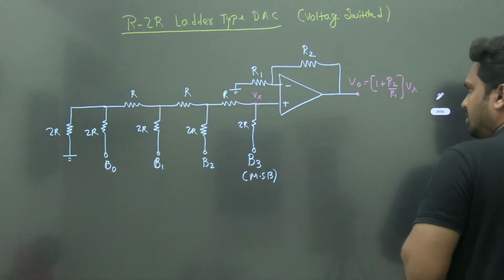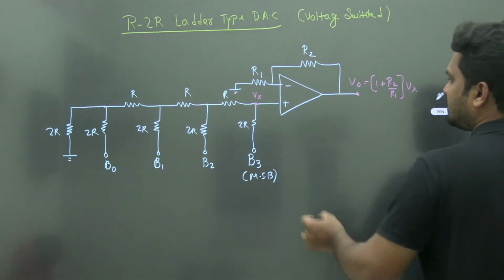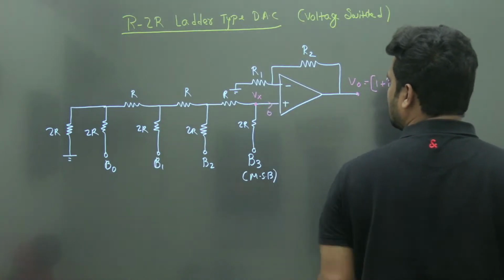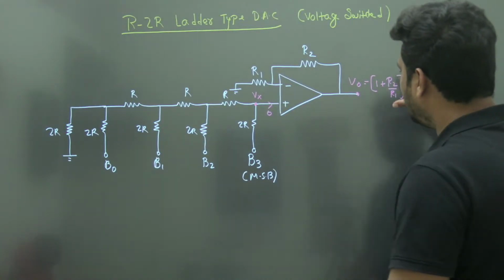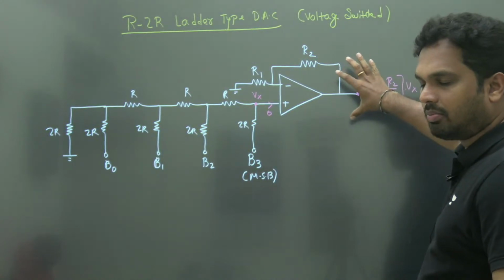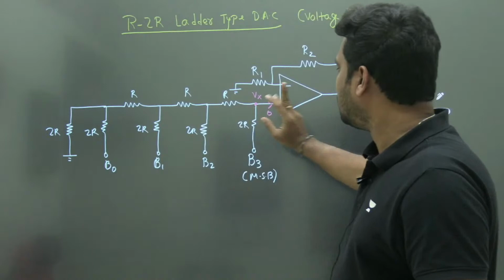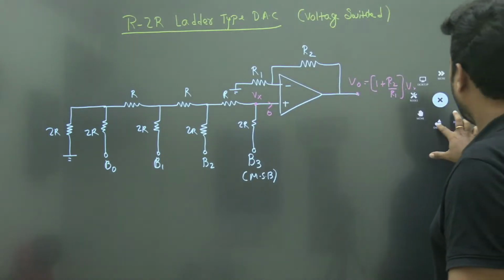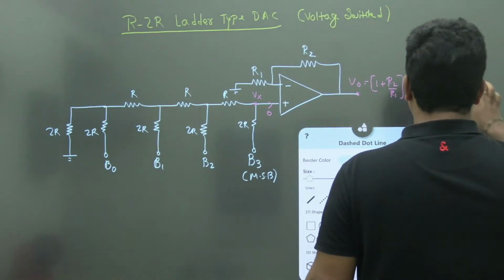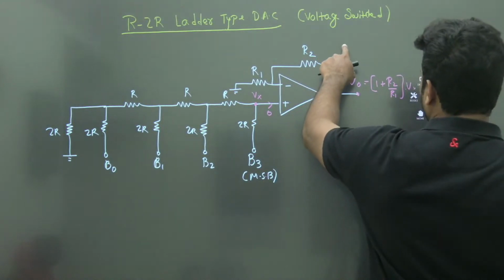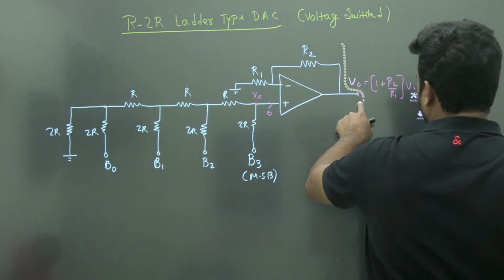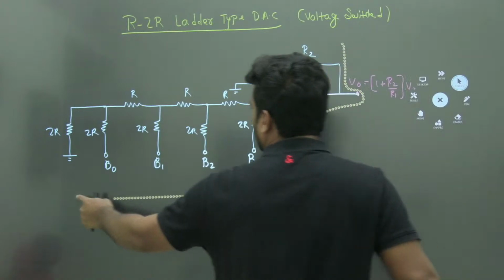This is the condition, so all you need to do is find the Vx. An ideal op amp has zero input current. So this is a non-inverting amplifier. The output equation is 1 plus R2 by R1, which is the gain, into this Vx. I hope you know the basics of the op amp, so I have not revised them, because this is a crash course.